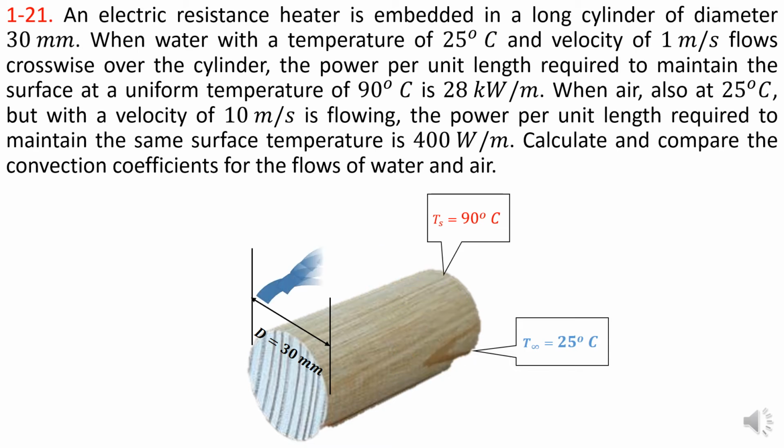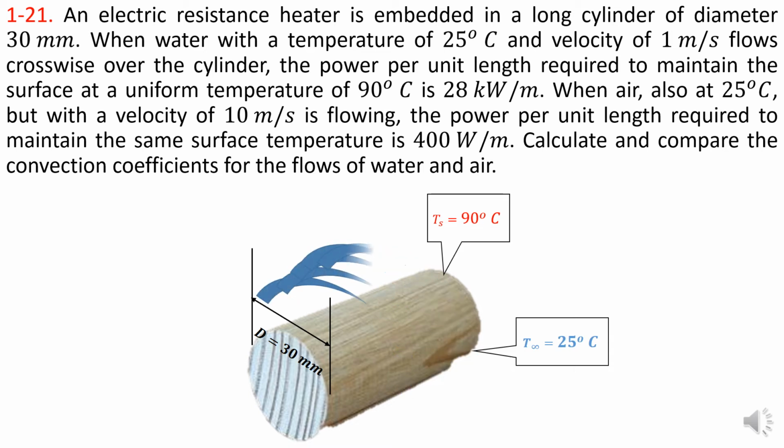In the first case, the fluid is water, flowing with a velocity of 1 meter per second. When it flows over the cylinder, the power required to maintain the cylinder at 90 degrees centigrade is 28 kilowatt per meter.